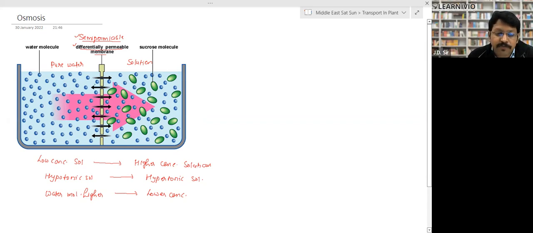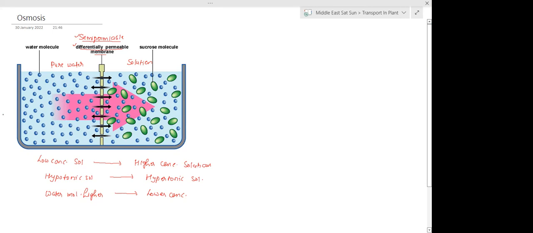So they have less free energy, while these have high free energy. These high free energy molecules will cross this membrane, and whenever they cross this membrane, they impart a pressure. This red arrow is showing the pressure. This pressure is called diffusion pressure. Clear? So diffusion pressure we can determine from higher energy to lower energy.